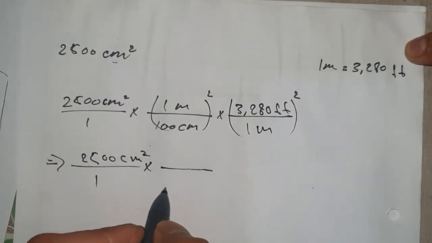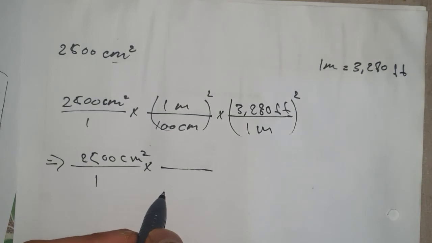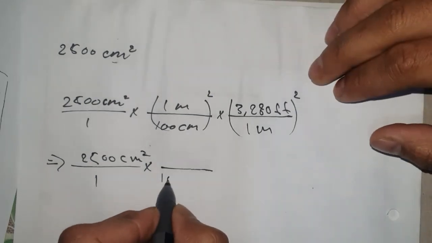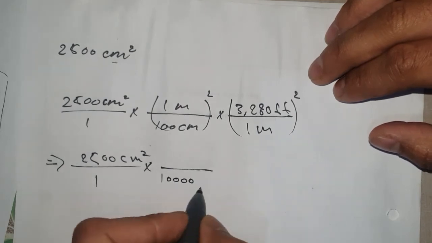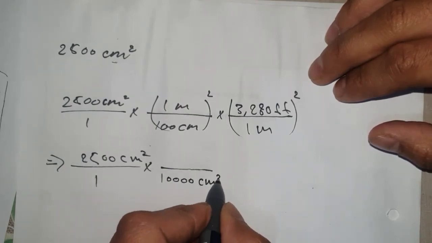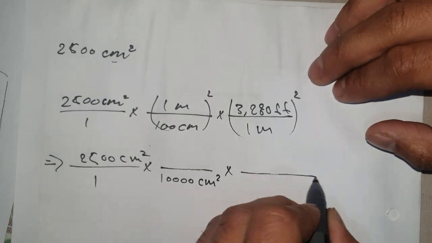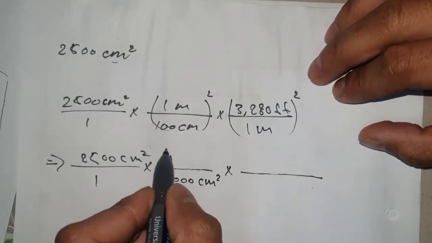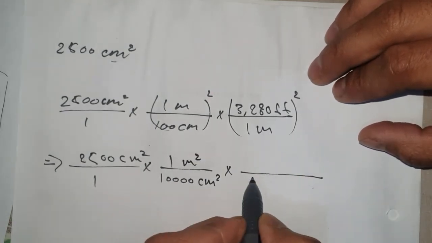So when we raise all these to the power of 2, the 100 becomes 10,000, the centimeters are squared, the 1 stays 1, and the meter is squared.